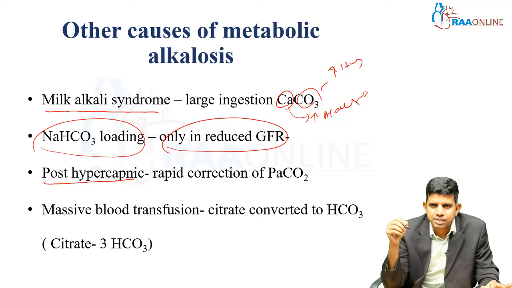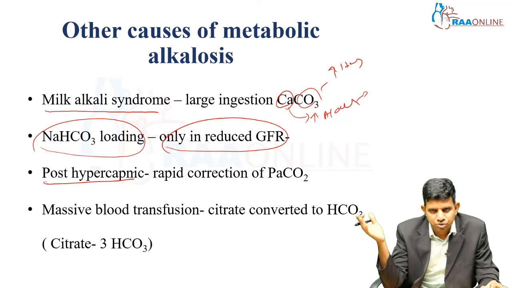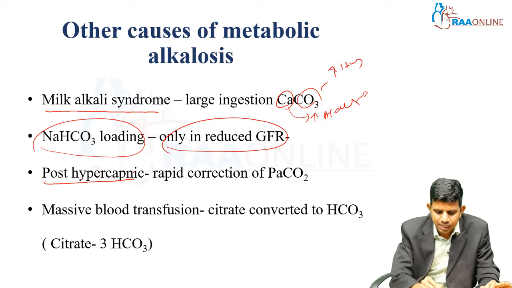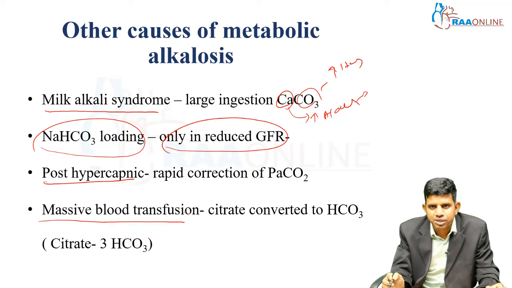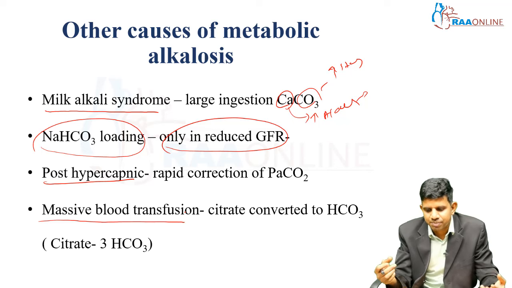Post-hypercapnic, we already discussed: in chronic type 2 respiratory failure, if I wash out the CO2 rapidly through mechanical ventilation, the compensatory bicarbonate will be persistently high, and it can cause severe metabolic alkalosis. Massive blood transfusion: these blood products contain citrate. One molecule of citrate can produce 3 bicarbonate molecules in the body. So a large volume massive transfusion, especially a large FFP transfusion, can cause metabolic alkalosis by this mechanism.